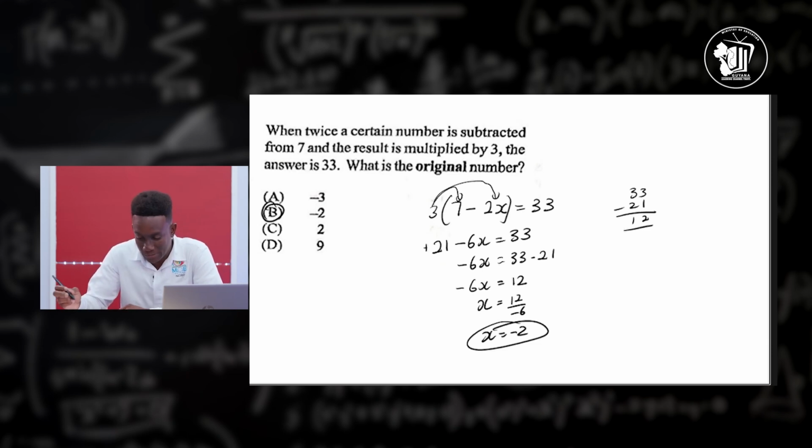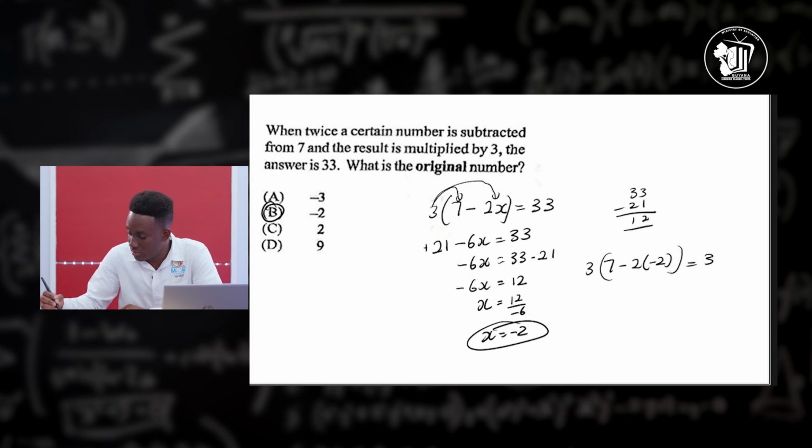And we can check it. When twice a certain number is subtracted from 7, so let's see. So 7 subtract 2 times negative 2. This is multiplied by 3. The result is 33. So let's see.